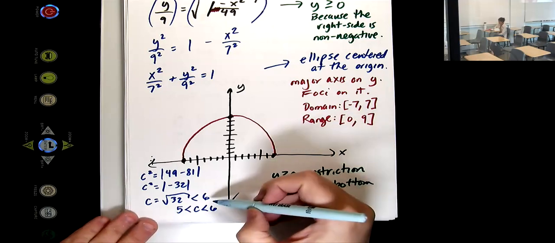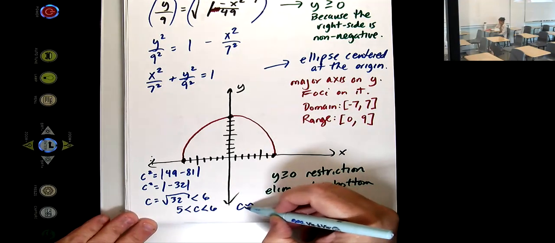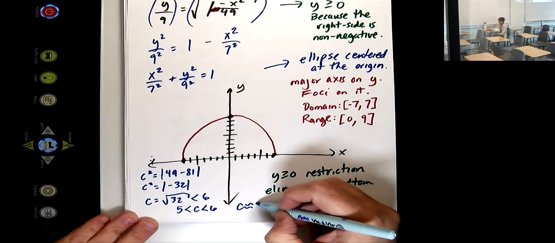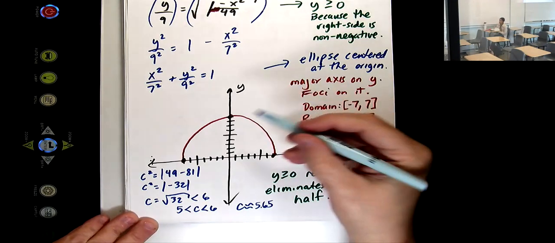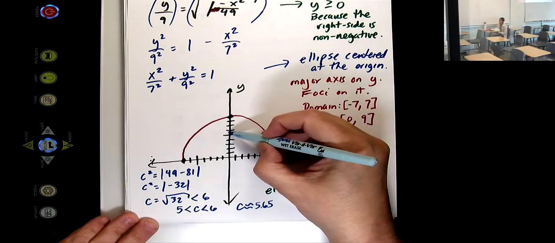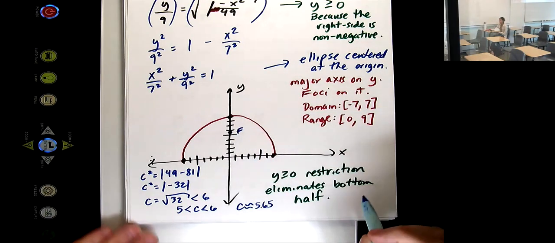It's closer to 6. It's probably about 5.65-ish, I'm betting. And that would put it right here, if they ask for it.